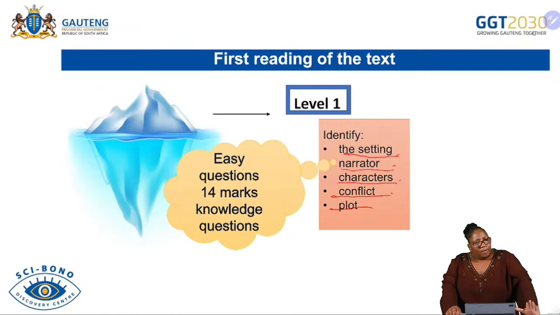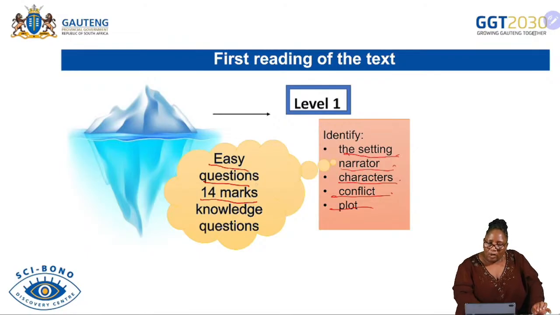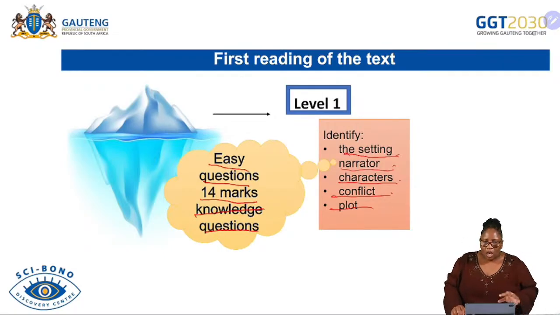When you prepare to write your final end of the year exam, all this information that you shall have gathered for the whole year is preparing you for your easy questions that are worth 14 marks. Those types of questions we call knowledge questions. And you can only master the knowledge questions when you read. You are able to identify the setting, the narrator, the characters, conflict, and plot.